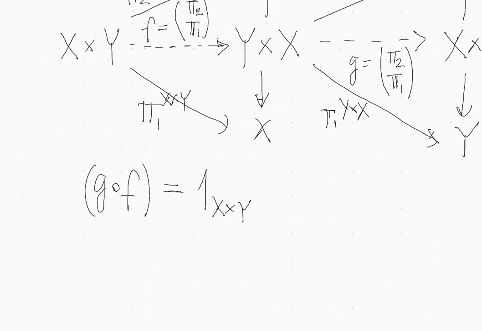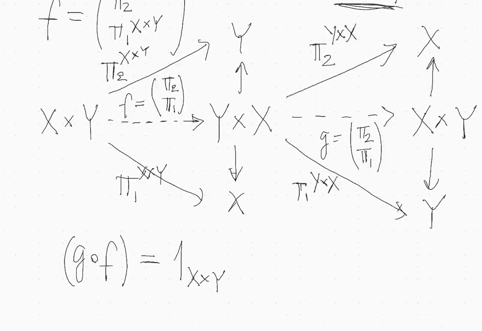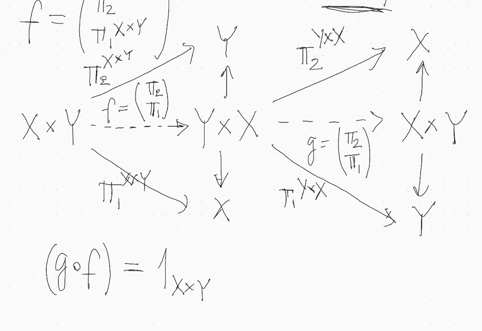Okay, so why is GF equal to the identity? Let's trace what's going on in the diagram. We've got here G defined as that column, pi 2, pi 1, and the pi 2 and the pi 1 are displayed there. Let's also insert the labels for the unlabeled arrows. So this one from y cross x to y is pi 1 of y cross x.